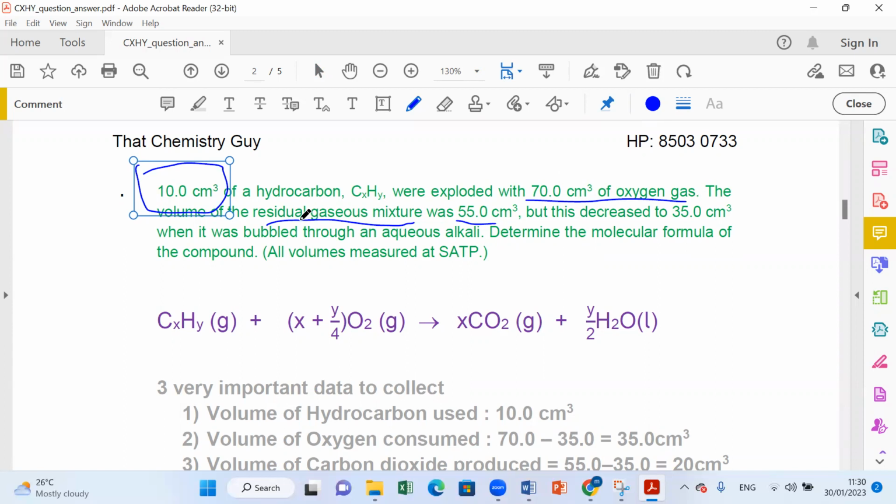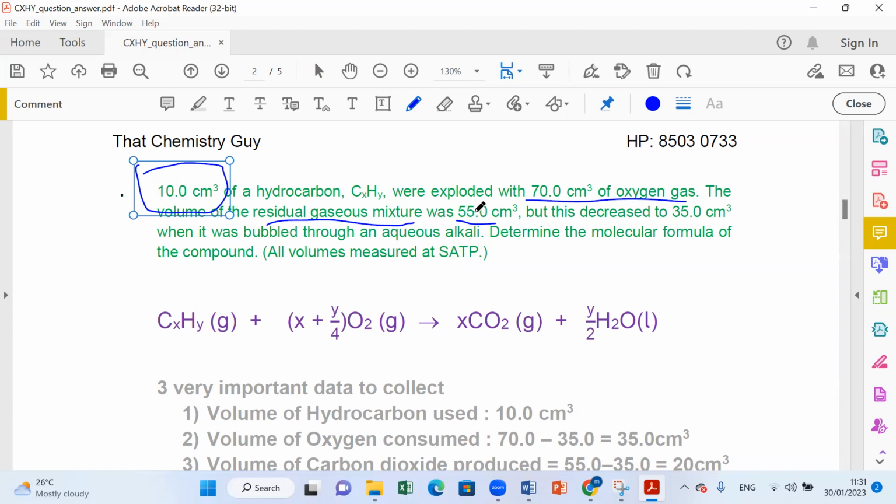You must understand that the residual gaseous mixture surely contains oxygen and carbon dioxide. I'm very sure that there will be no hydrocarbon left because it's fully reacted. And also there won't be any water because water is in a liquid form. So whatever residual gas you see will definitely be carbon dioxide and oxygen remaining.